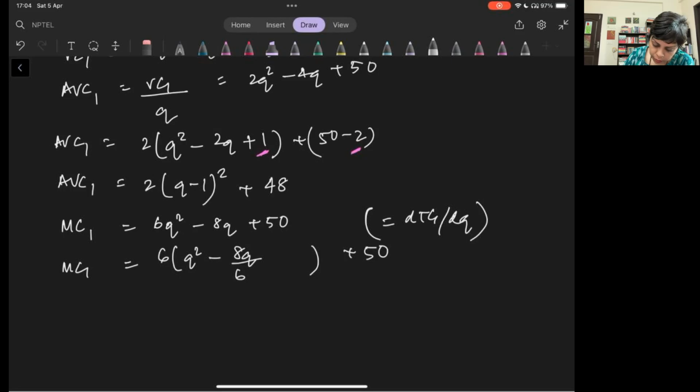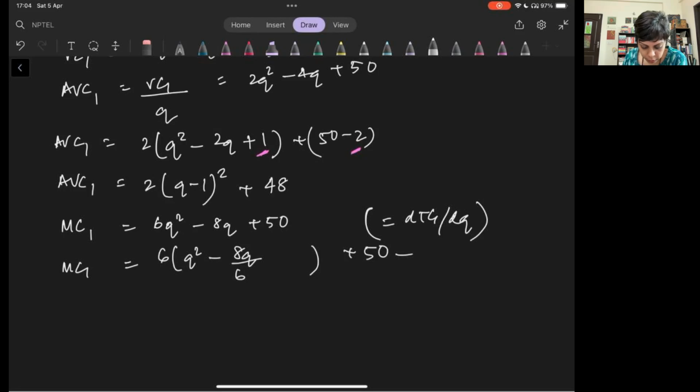So let's say we add 4 by 6 here, and here this becomes 2 by 3. Sorry, I'm just thinking aloud. Don't get confused. You can just ignore me for a few minutes. I'm just trying to work out the maths.